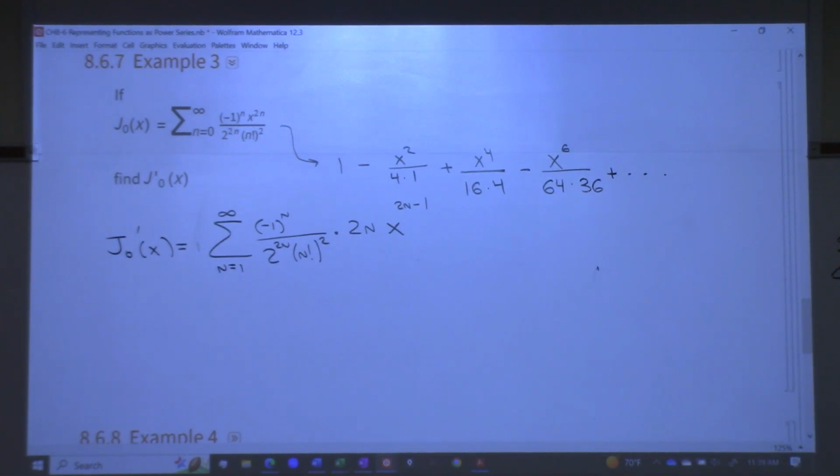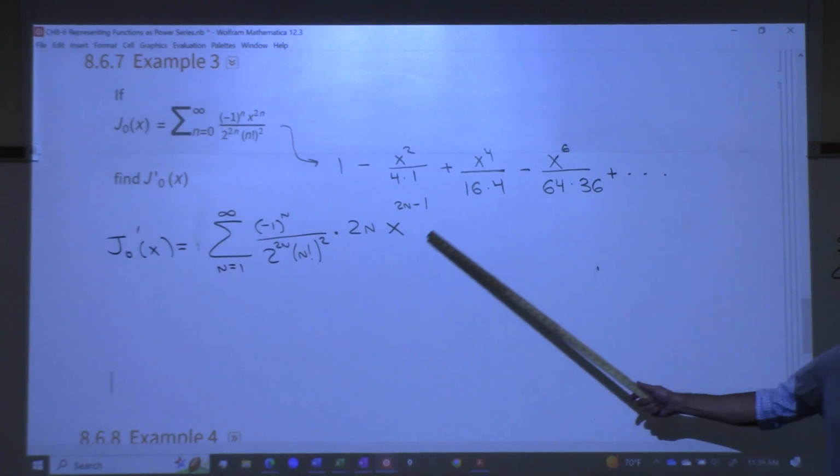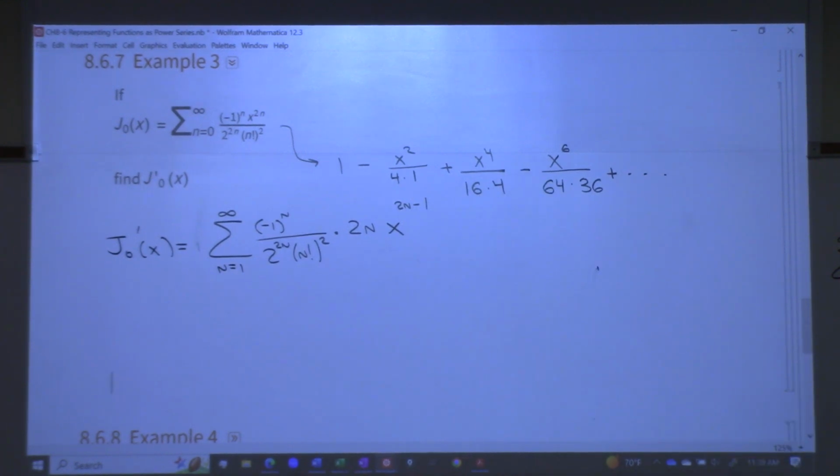Yeah. All right, let's see. Did this work, I guess is what I'm asking. Is this right? It wouldn't have been right if we had said x as n equals 0, because our first term wouldn't have been negative.